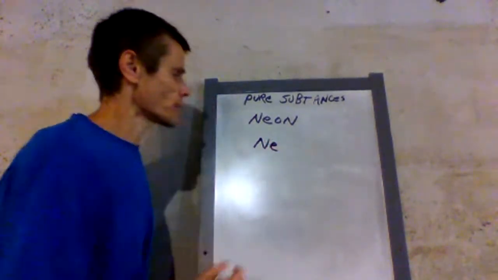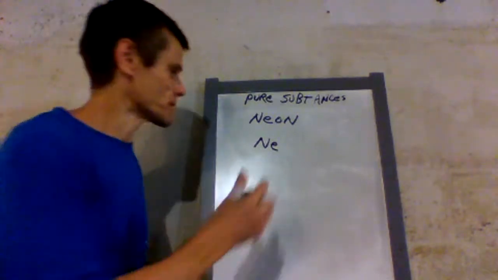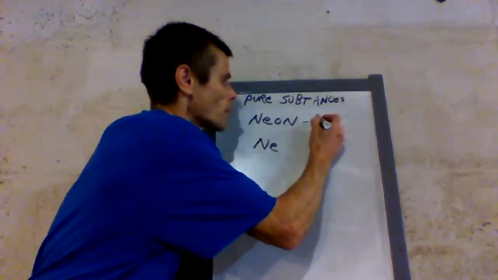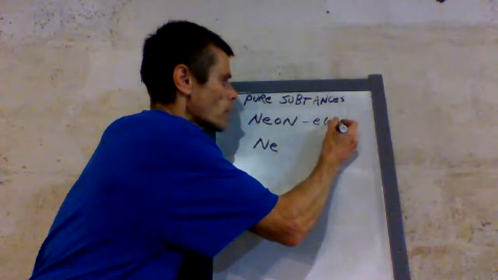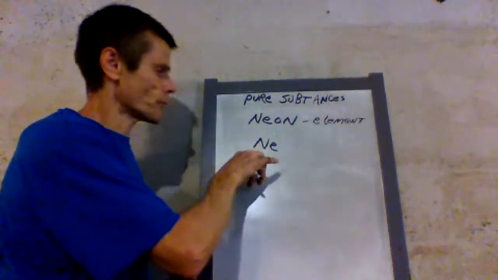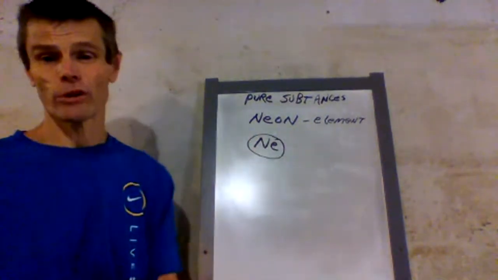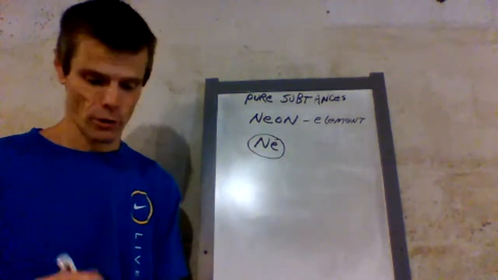And we would find this listed on our periodic table. Neon is an element. It's composed of only one type of atom. Let's draw a circle. There's a neon atom. We use a circle to represent the single particle.